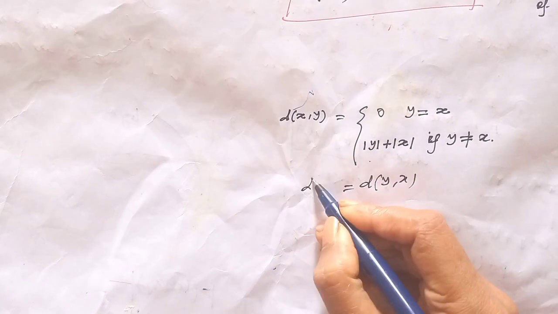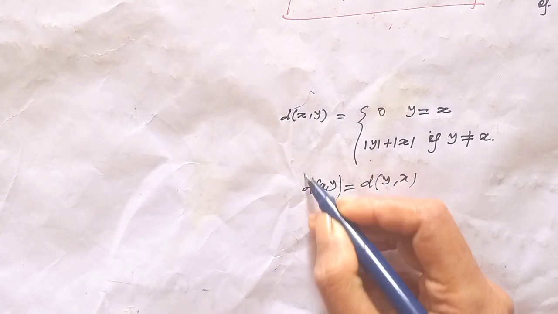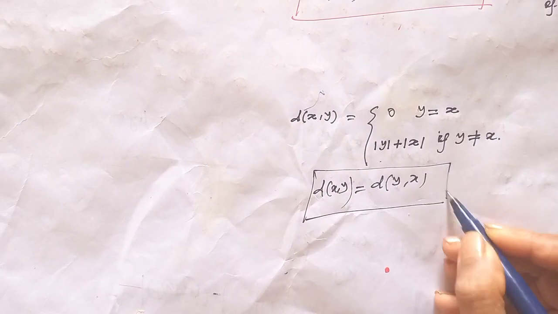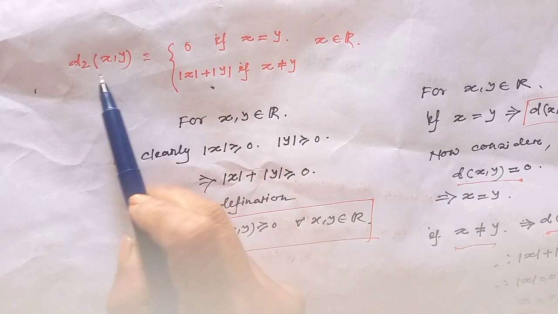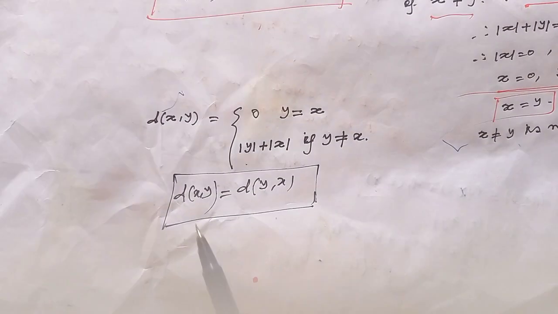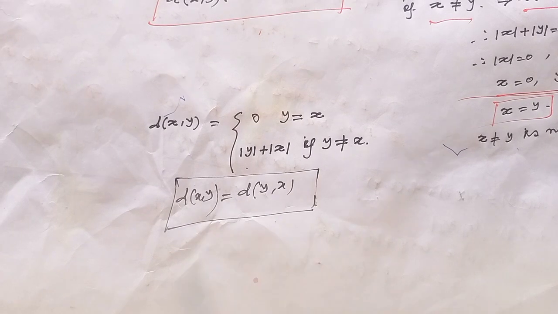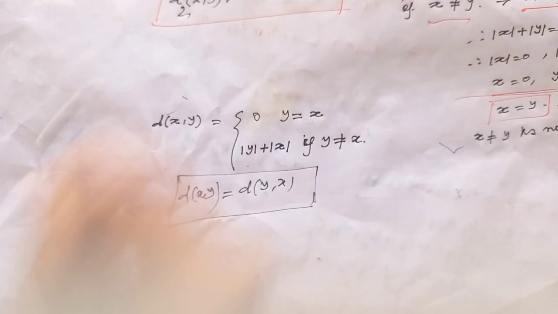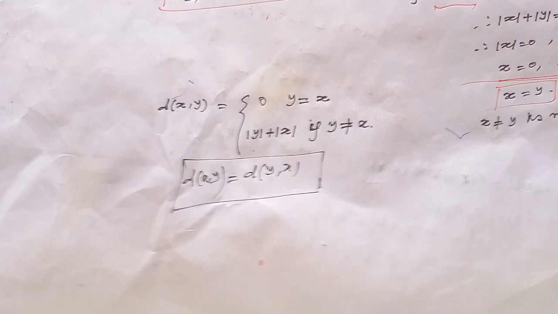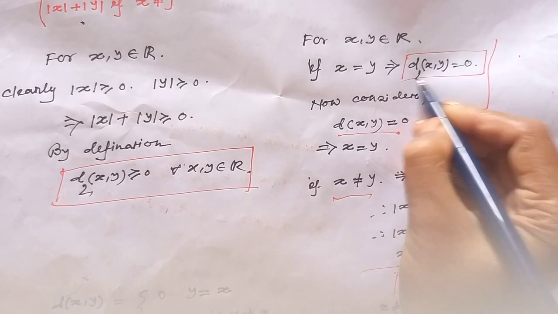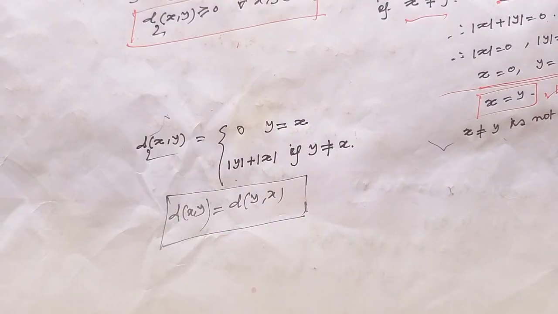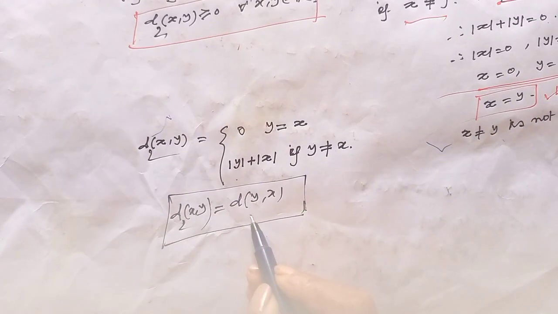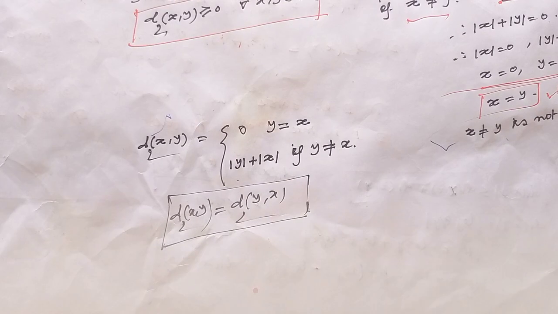That means d(x,y) equals d(y,x), so the symmetric property is also satisfied. Something noticeable: the second metric is denoted d2(x,y), but I have written d(x,y); all these parts would be d2. That means d2(x,y) equals d2(y,x).